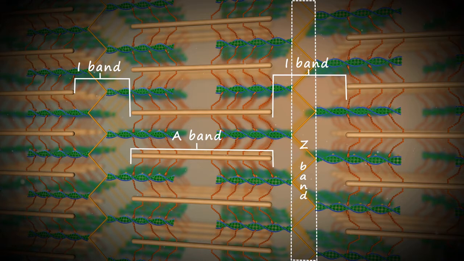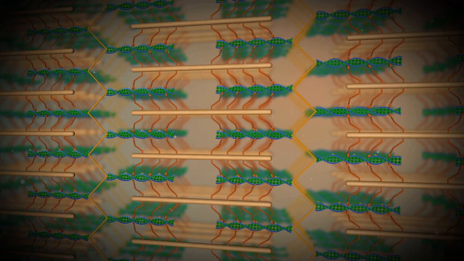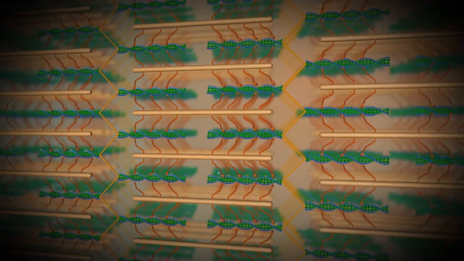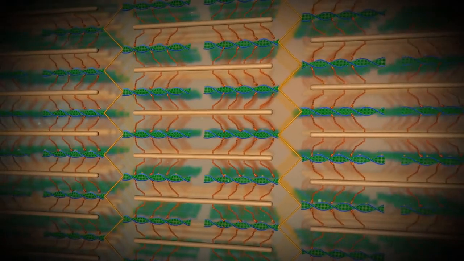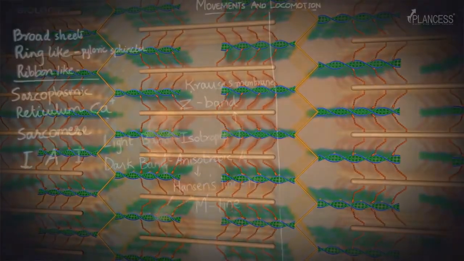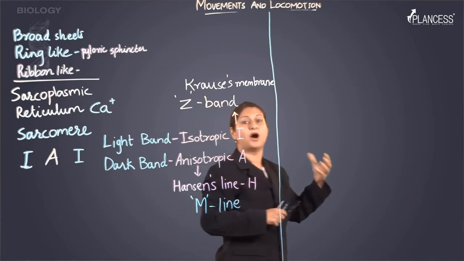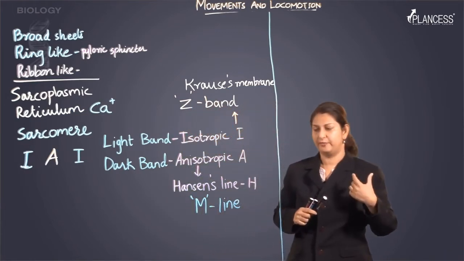So from one Z band to another Z band becomes your perfect sarcomere, and as you can see, the filaments move over each other, they actually form bridges, and these bridges are the ones which are bringing about the different kinds of movements.